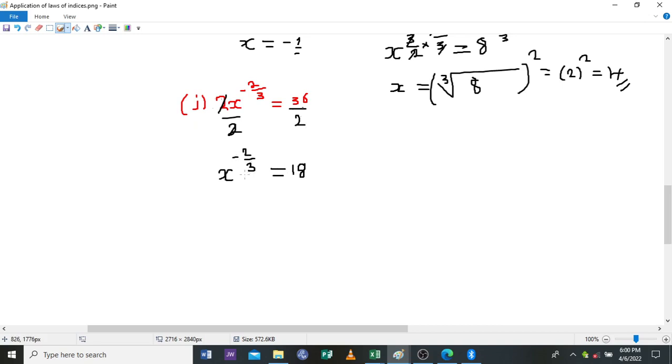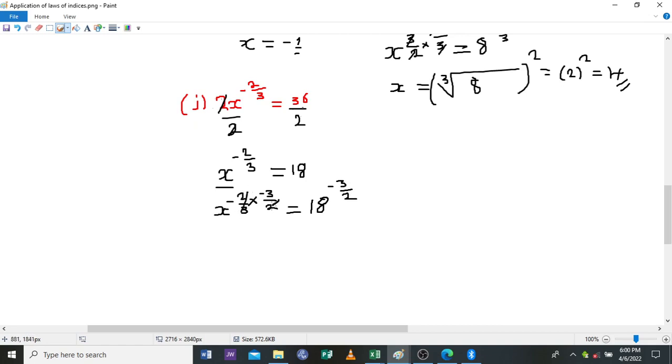Now we have the base is unknown, it's x, which means we are going to work with the reciprocal of negative 2 over 3. So x raised to the power negative 2 over 3. Now its reciprocal will be negative 3 over 2, right? Now 18 on the other side of the equation is going to be raised to that power, negative 3 over 2, right?